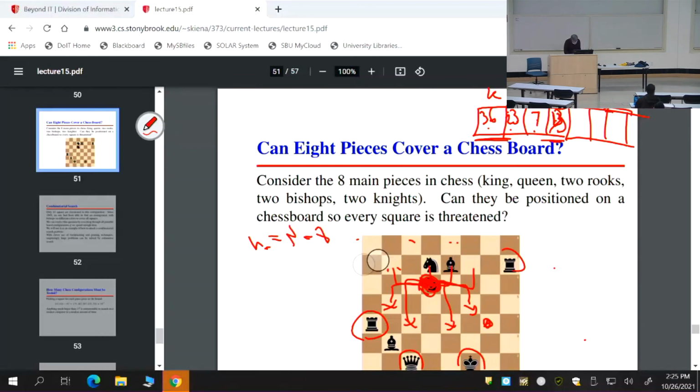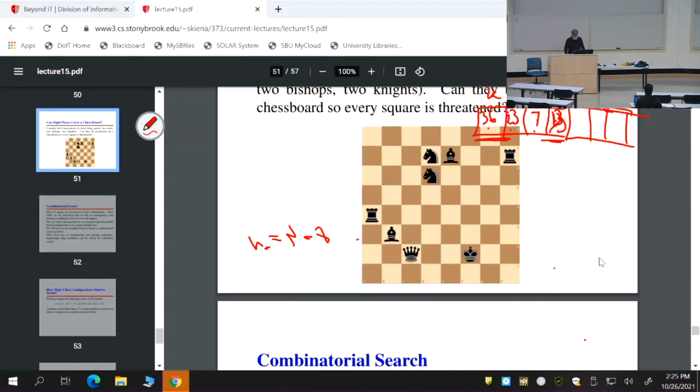Let's take a look at a queen. What is the maximum number of squares that a queen could threaten? I'm going to guess that the queen in the center of the board can do the most damage, right? It can threaten 8, it can threaten 8, and what is this?